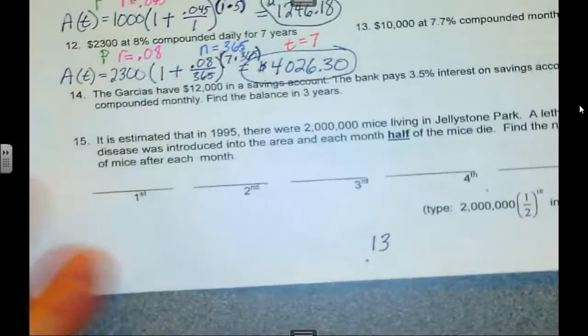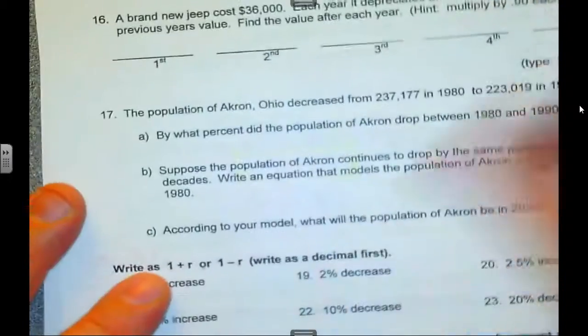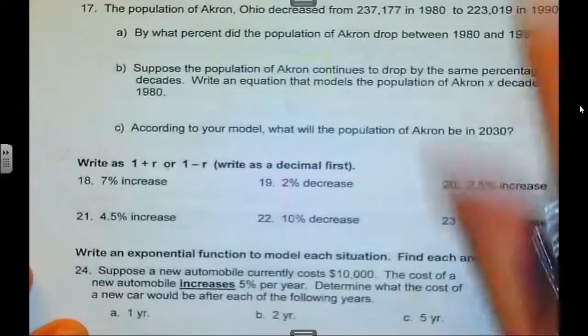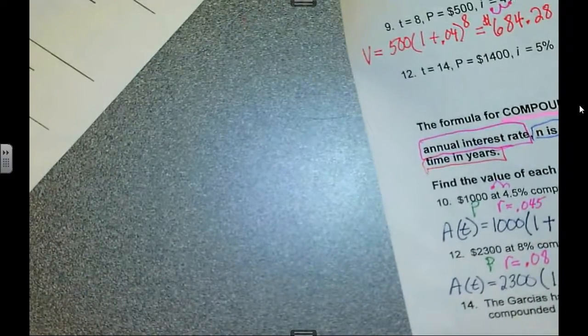You know, I don't like 15. Don't worry about 15. Which means you don't have to worry about 16. I don't like the way those things are set up. Why don't we go through number 17? Try number 17. If you can't get it, don't worry about it. I'll go over it tomorrow in class. But the ones I didn't do, you should be able to do.